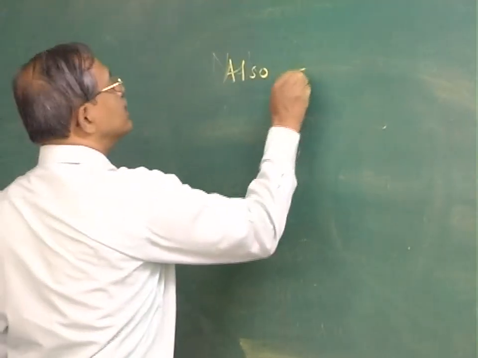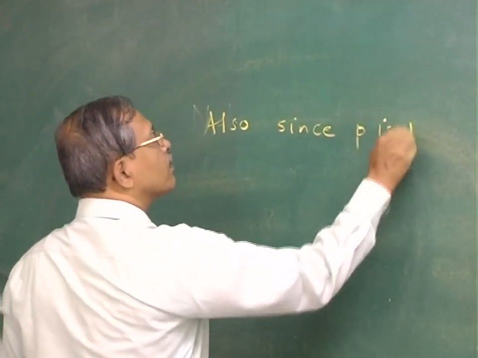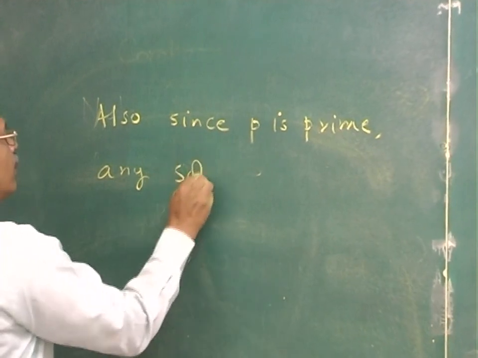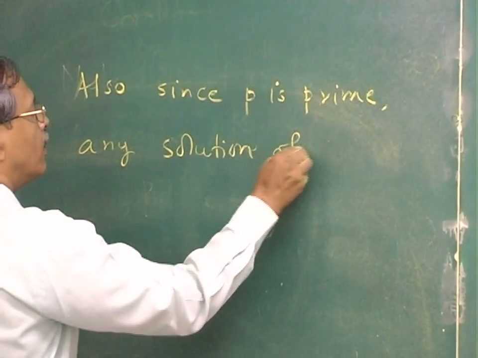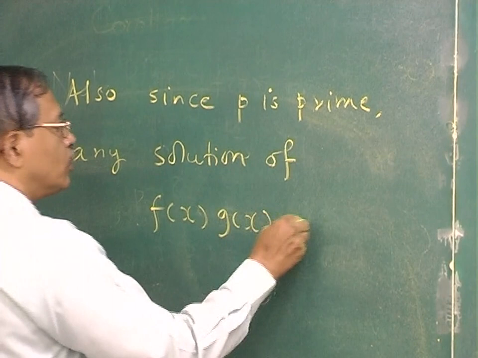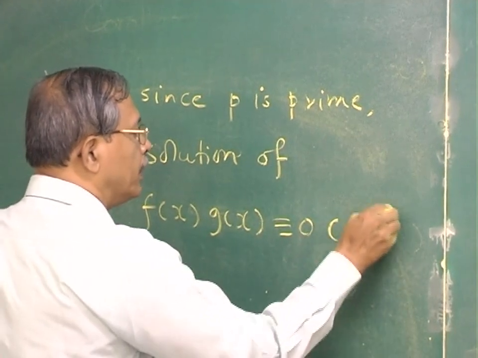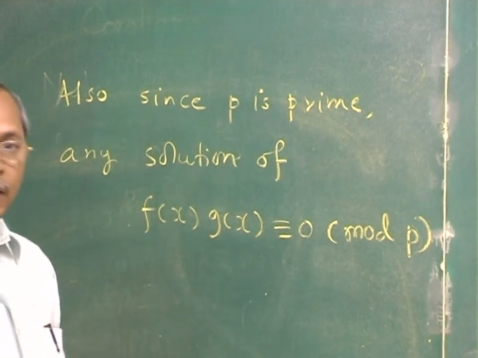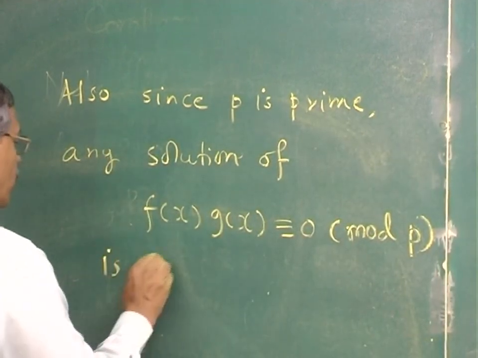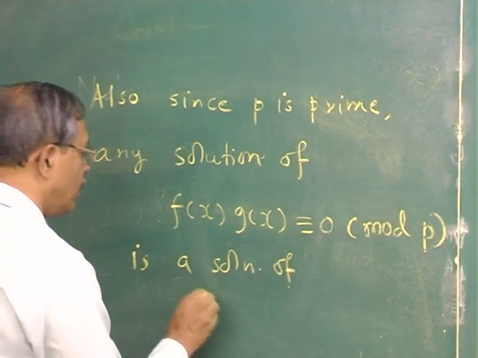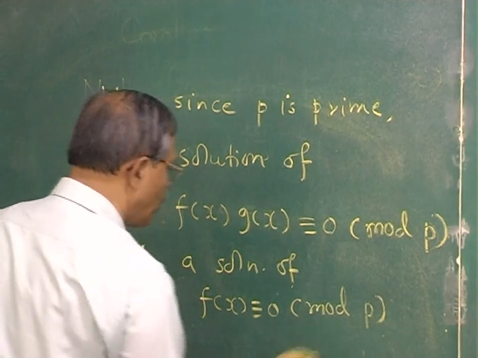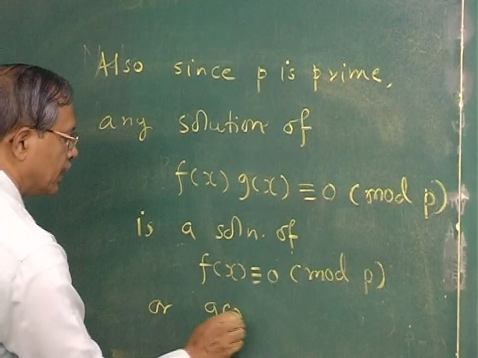Also, since p is prime, any solution of f(x)g(x) congruent to 0 mod p is a solution of f(x) congruent to 0 mod p or g(x) congruent to 0 mod p.